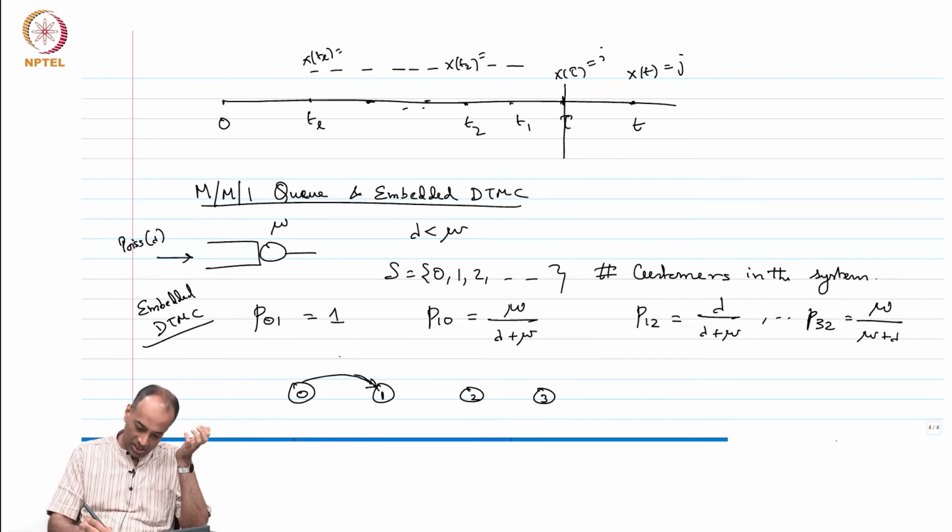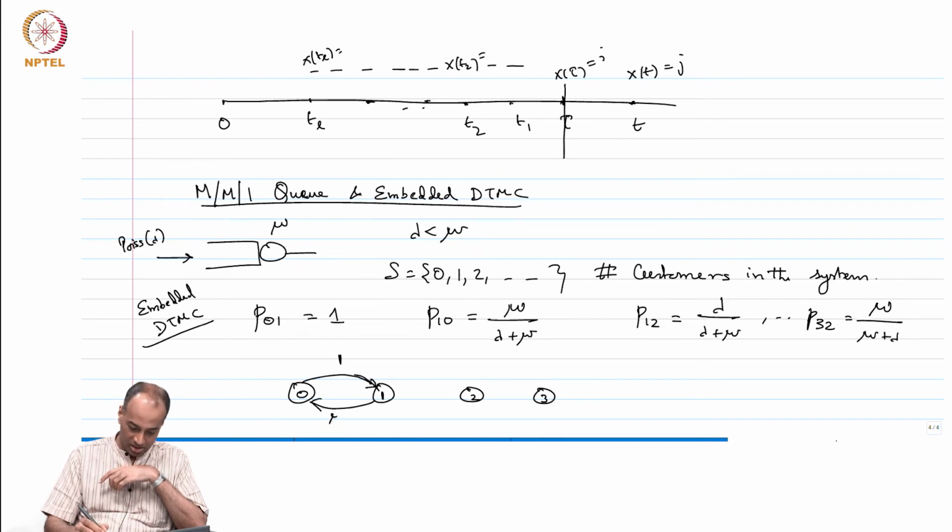So, this has probability 1, okay, this is in discrete time, and of course, this probability is mu over mu plus lambda, that probability is lambda over lambda plus mu, that is mu over mu plus lambda, and so on.